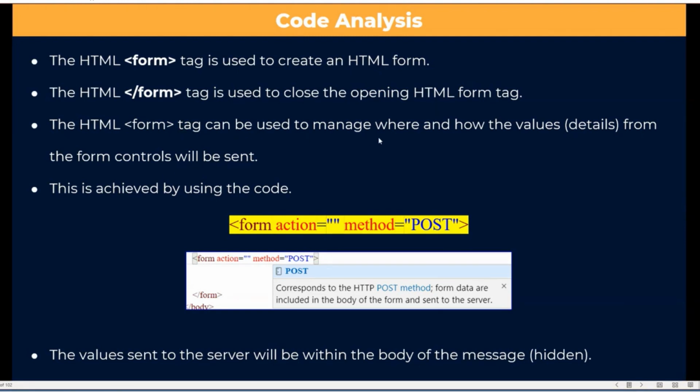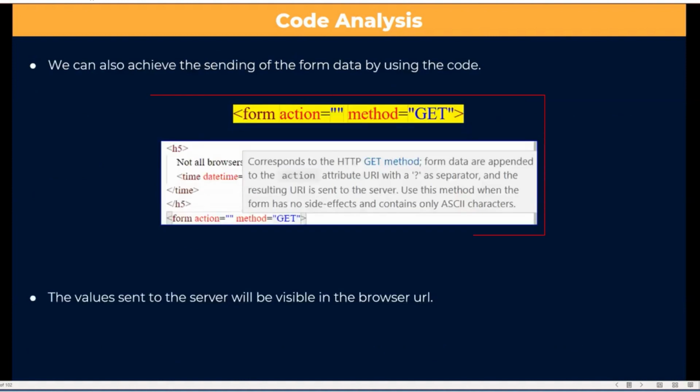When we want to submit the details somewhere, there's two different ways in which we can do that. We can use a thing called a method equals post. This corresponds to a HTTP post method, and this will send data to the backend server. But we can also use a get. So a method equals get.